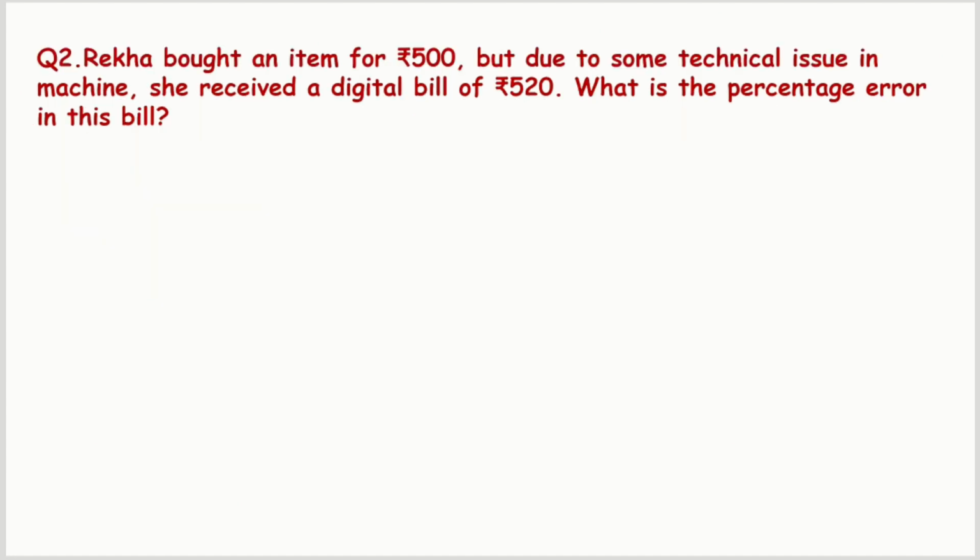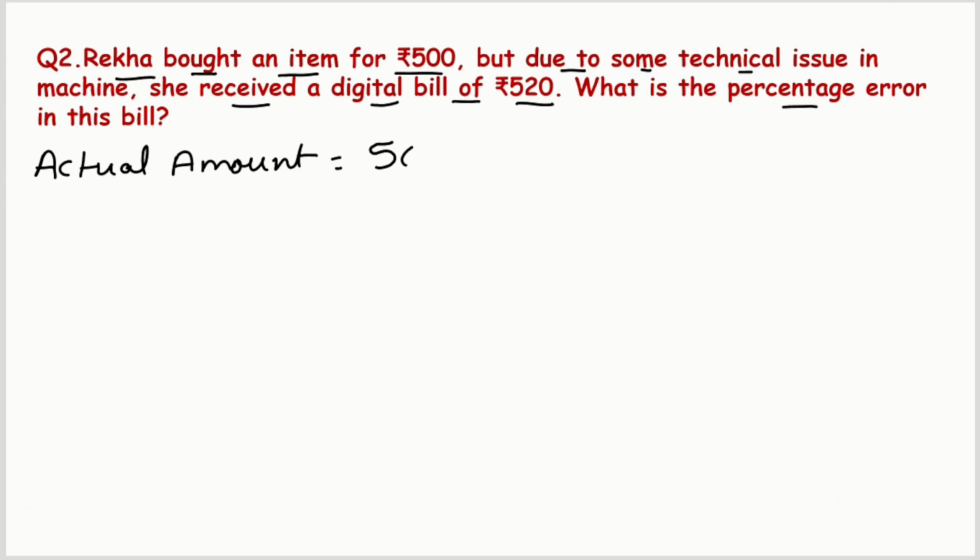Now we'll see the next problem. Rekha bought an item for 500 rupees, but due to some technical issues in the machine, she received a digital bill of 520 rupees. What is the percent error in this bill? First is the actual bill or amount, which is 500 rupees.